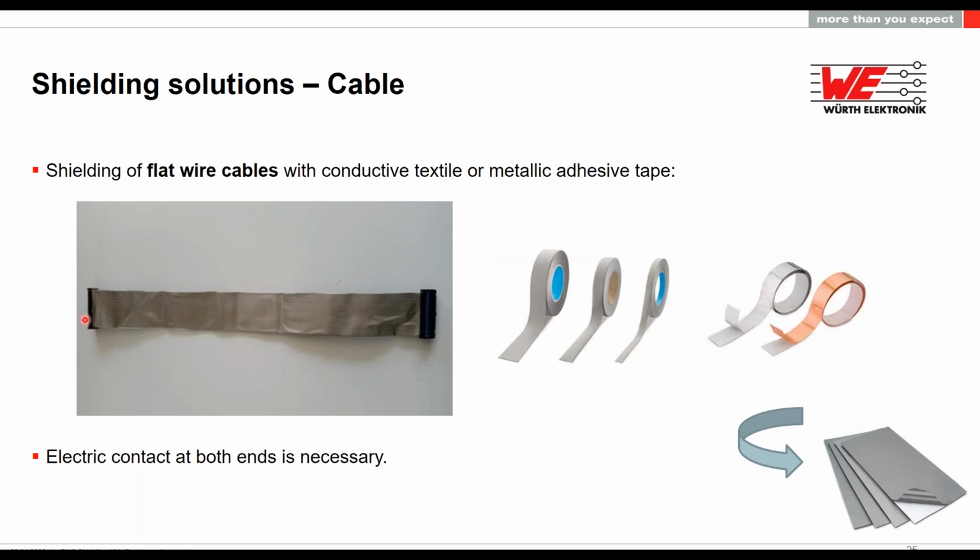If we leave them floating, then we have a big surface that has no connection to ground, and if they are able to pick up noise, they're also able to radiate it. So they can be picking up noise and coupling this noise into the flat wire if we do not ground them on the sides properly. Another solution for these flat wires is the using of magnetic absorbers that we will see later.